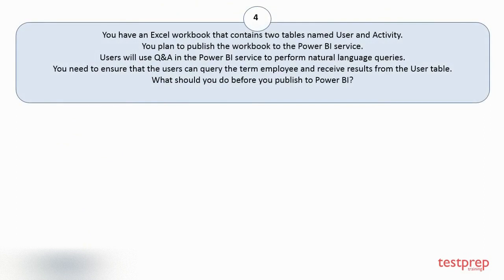Question number 4. You have an Excel workbook that contains two tables named User and Activity. You plan to publish the workbook to the Power BI service. Users will use Q&A in the Power BI service to perform natural language queries. You need to ensure that the users can query the term employee and receive results from the user table. What should you do before you publish to Power BI?